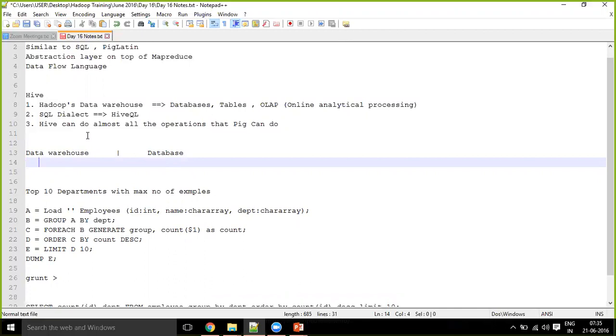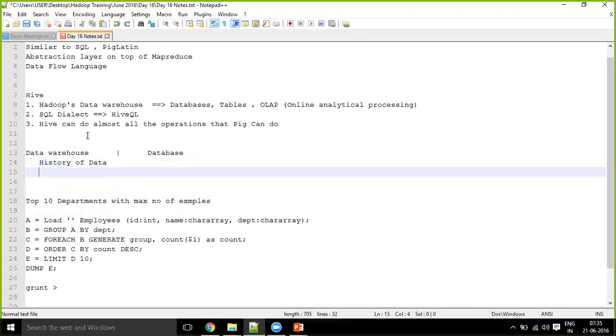Data warehousing means it stores the history of data, and its main purpose is analysis on historical data, a huge amount of data. If you want to know which product is having outstanding sales, you can conclude that only if you can see the results of the last 3 months, minimum.